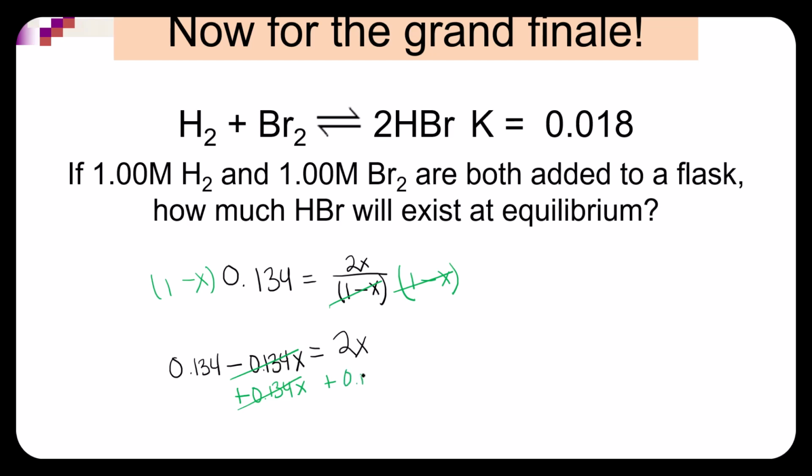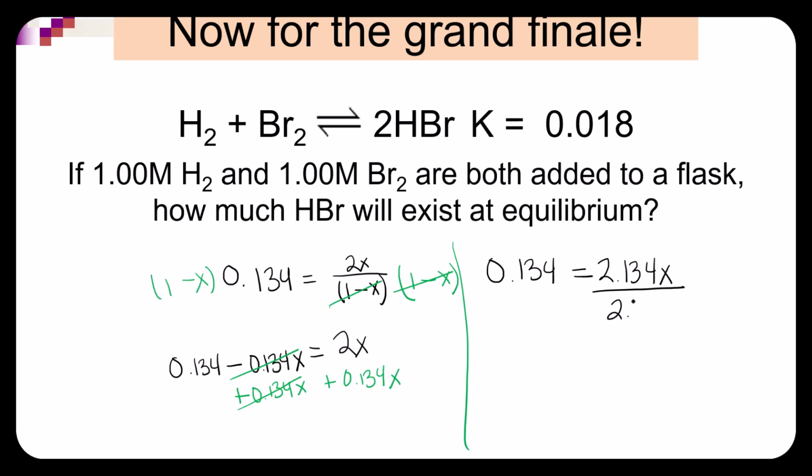So plus 0.134x. So now what we have is 0.134 left on the left side. And when I add these two together, it's going to be 2.134x. And now I want to get x by itself.